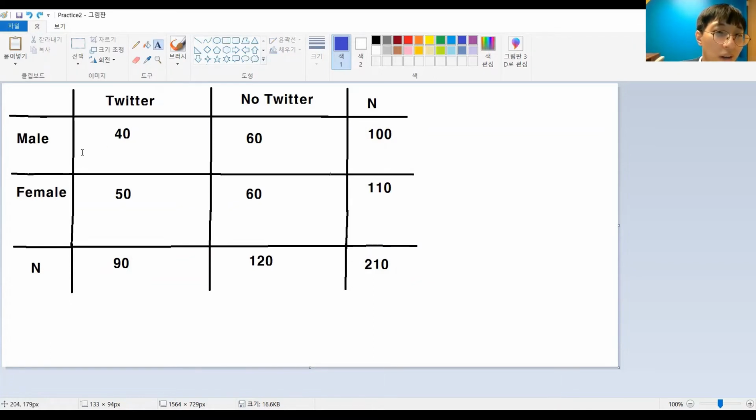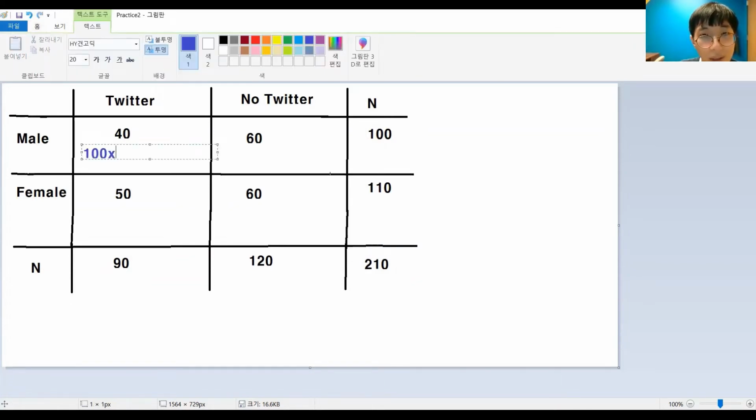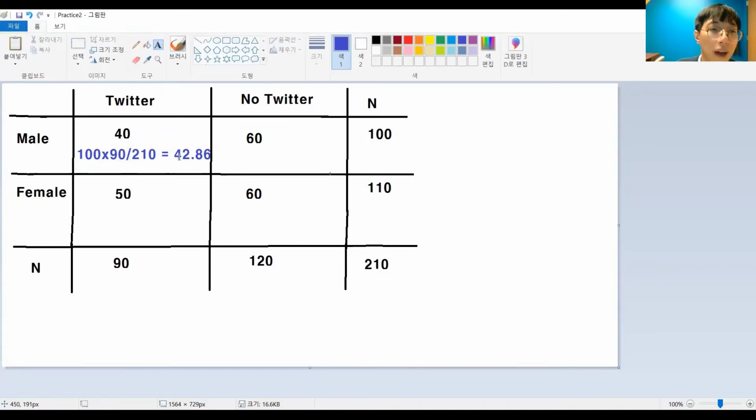So you will calculate 100 times 90 divided by 210, and if you calculate it, you get 42.86. This number is the expected count for male with Twitter. You can do the same thing for other cells.